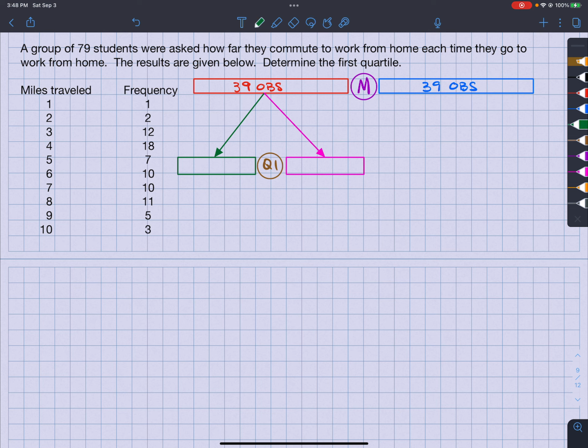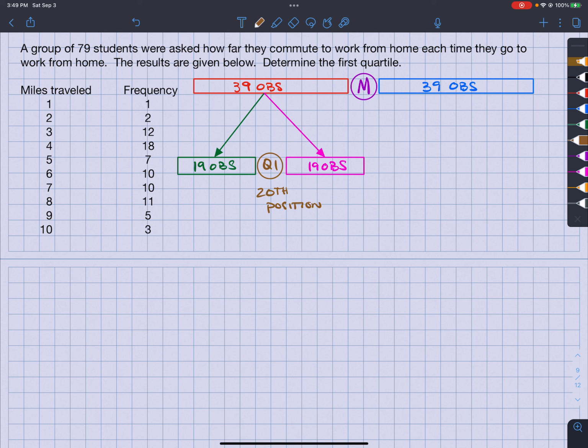So I can have 19 observations here and 19 observations here, because 19 plus 19 is 38, plus the one in the middle will be 39. So really, my Q1 is in the 20th position.